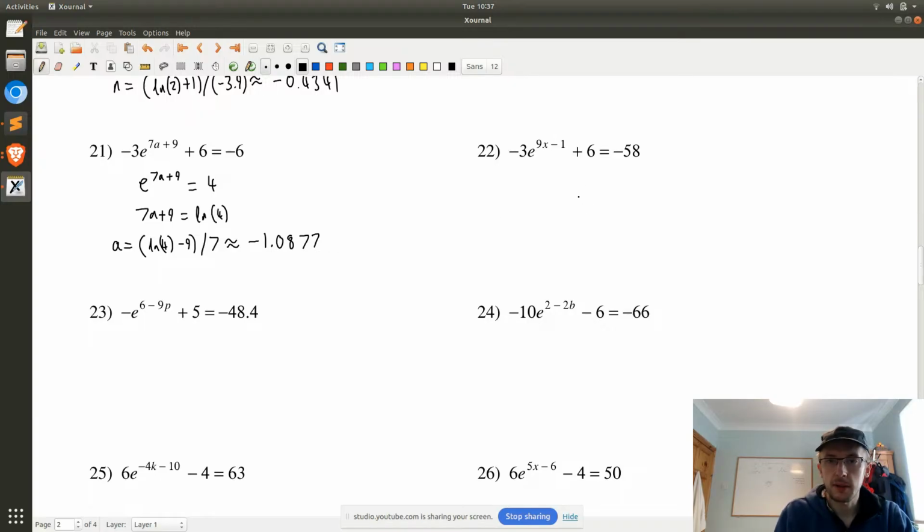Take 6 from both sides, so we have negative 64 on the right. Divide by negative 3. 64 over 3. e to the 9x take 1 equals 64 over 3. So 9x take 1 equals ln of 64 over 3. Add 1 to both sides and divide by 9.